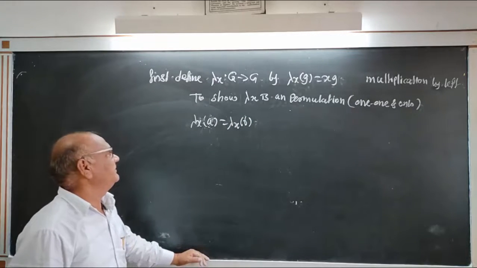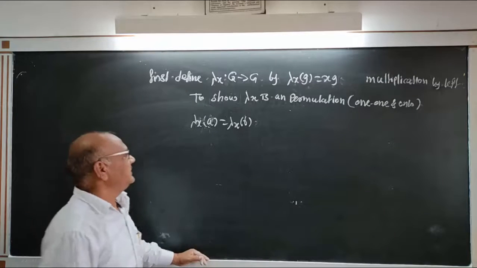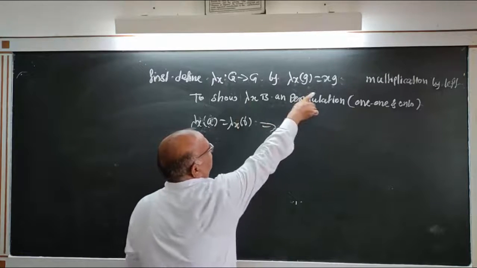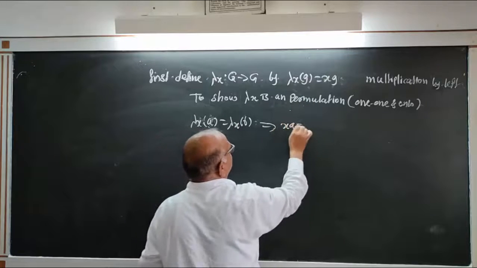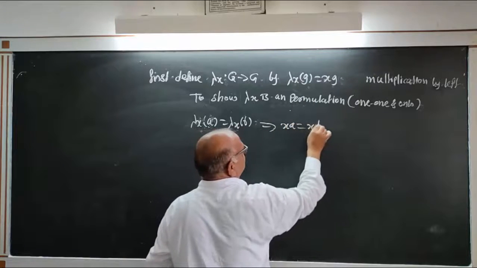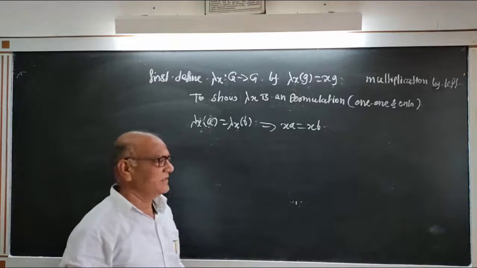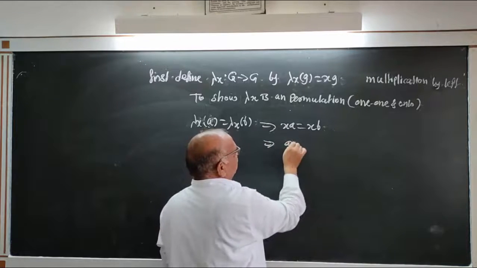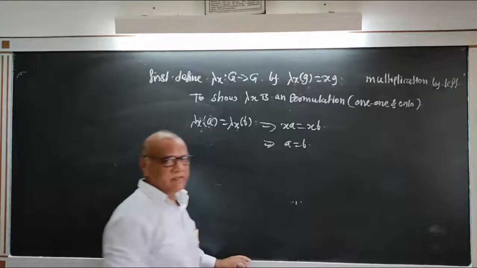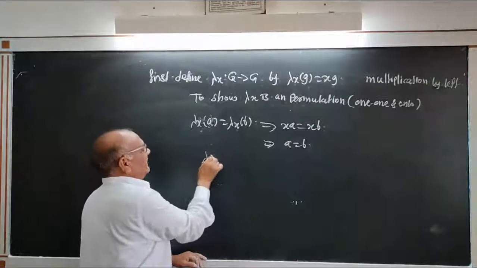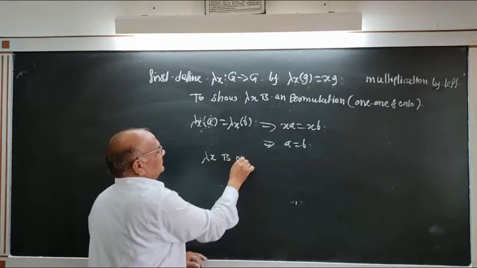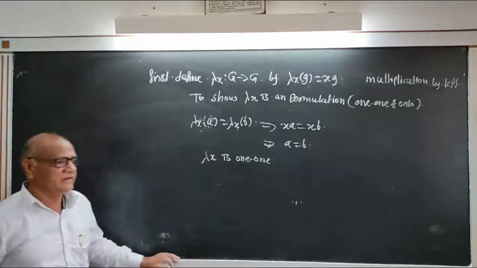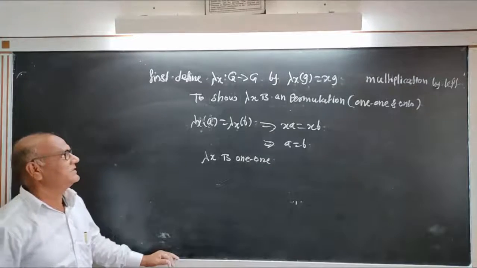This gives xa equals xb, and by left cancellation a is equal to b. This gives lambda_x is a 1-1 function.